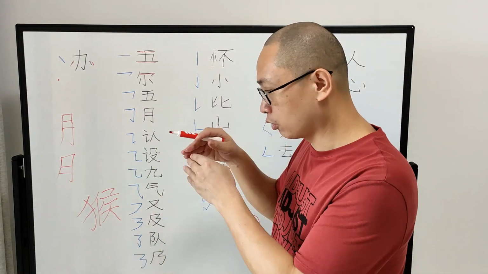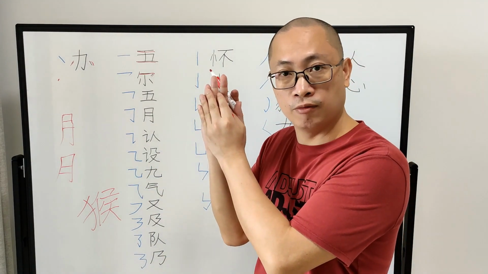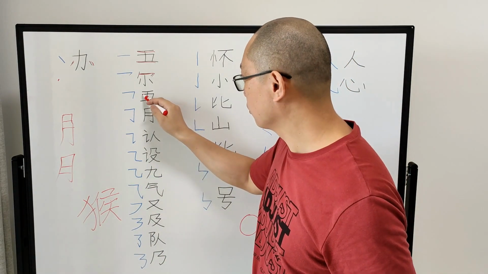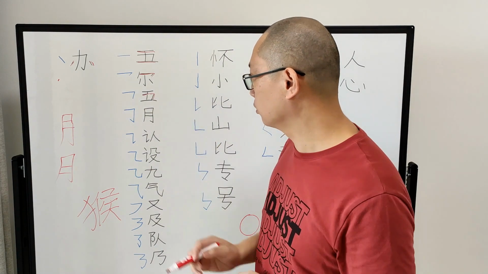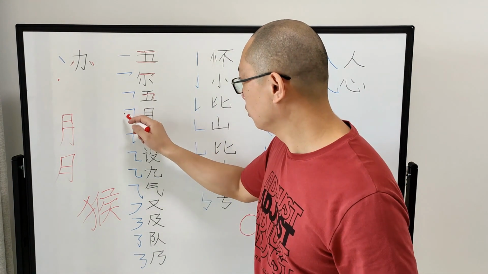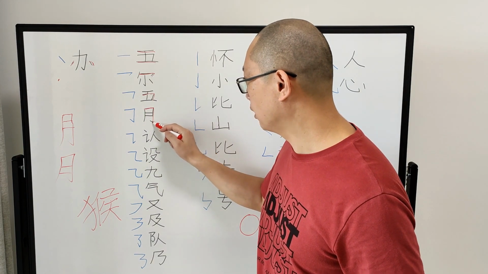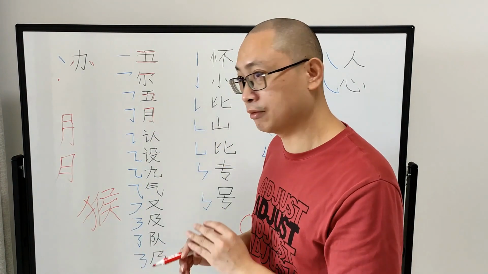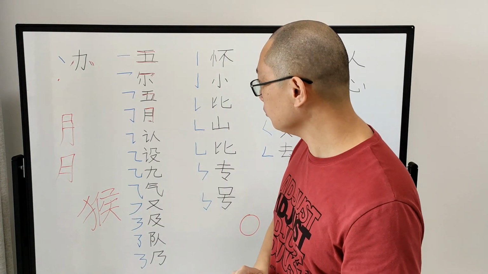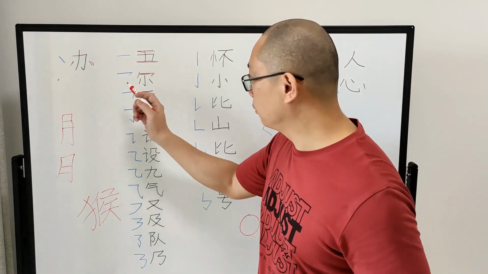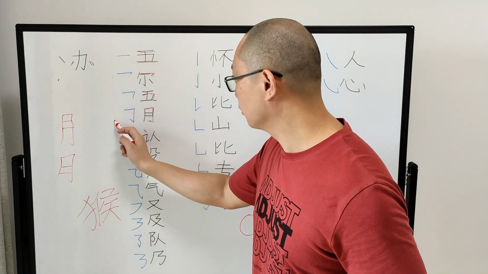And next, horizontal with the vertical. Horizontal and vertical stroke. Next, horizontal, vertical, and the left side hook. Left side hook. You can group these 3 together.